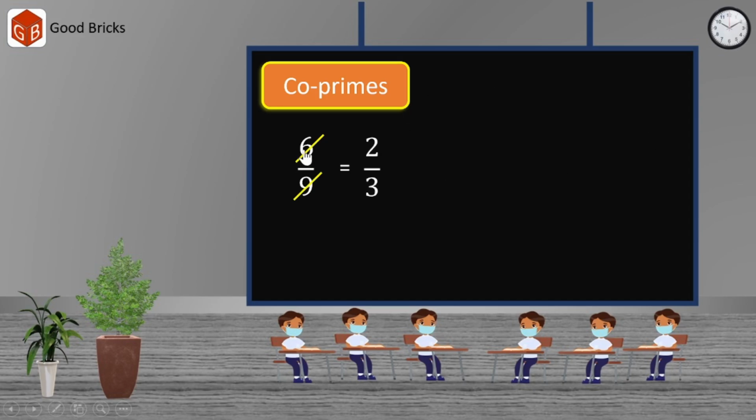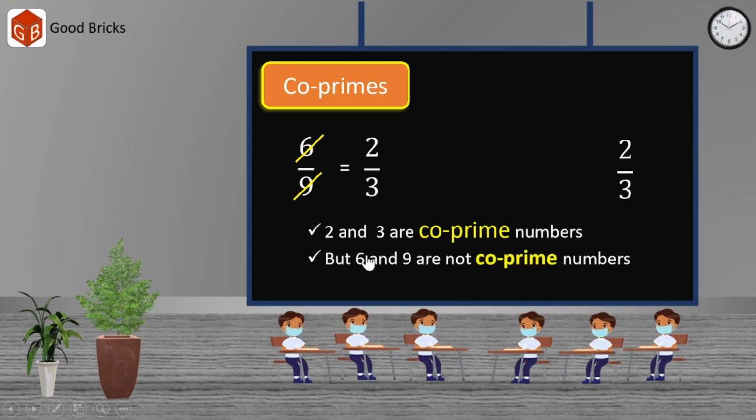So 6 and 9 are not called coprimes, but 2 and 3 are called coprimes. So that is what we have written here. 2 and 3 are called coprime numbers, whereas 6 and 9 are not called coprime numbers because other than 1, they have one more extra factor. Hope you got good clarity about coprime numbers.